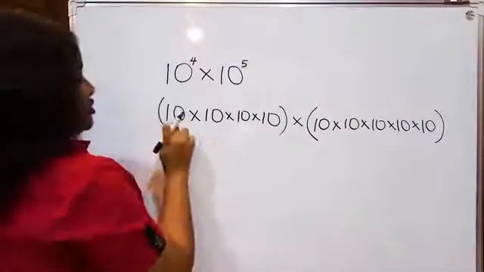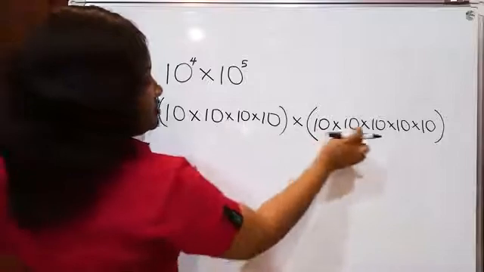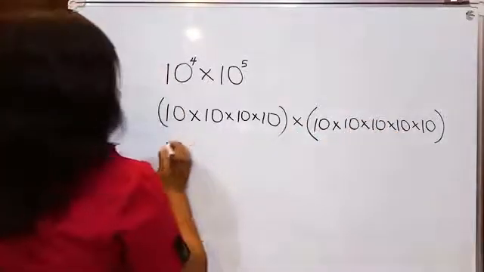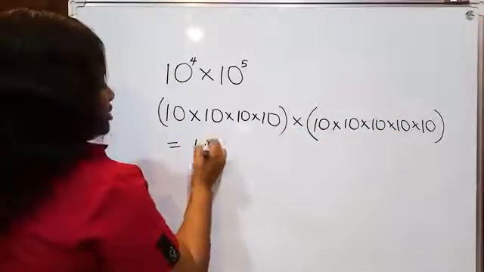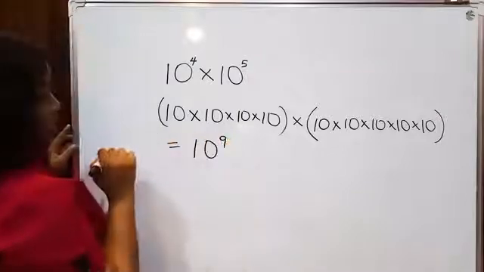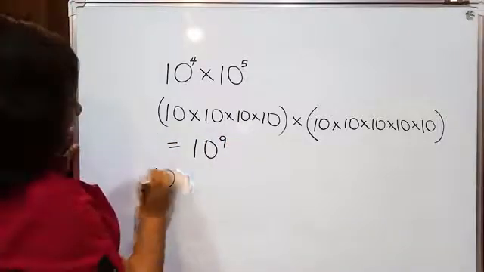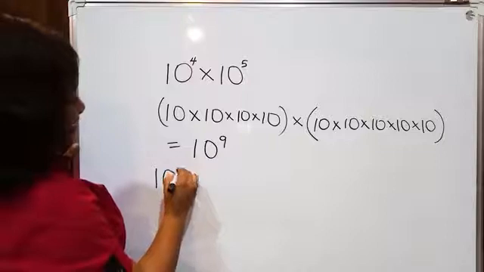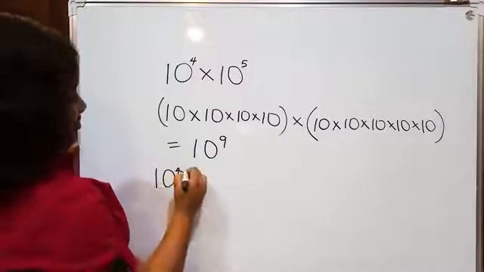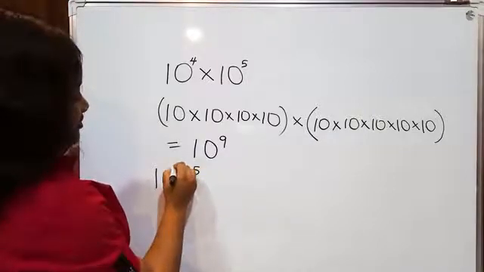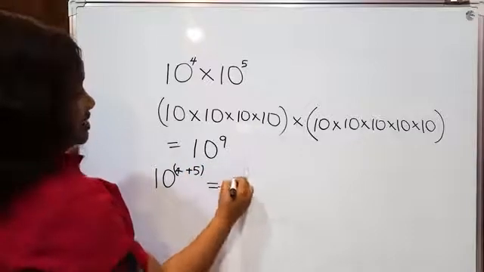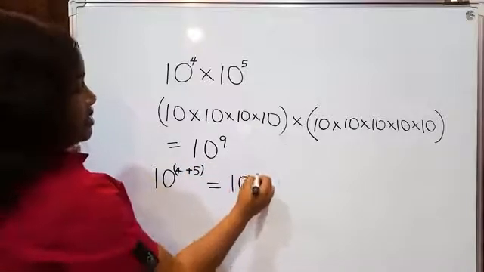So if you count the number of tens, 1, 2, 3, 4, 5, 6, 7, 8, 9. And we have 10 raised to power 9. Or, quickly, 10 raised to power 4 plus 5, which gives us the same 10 raised to power 9.